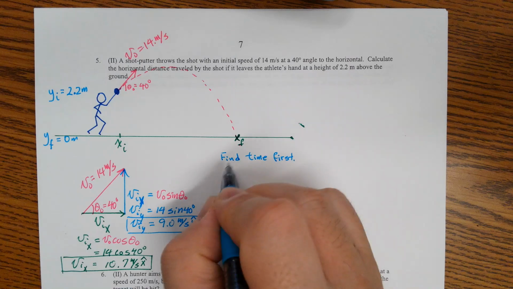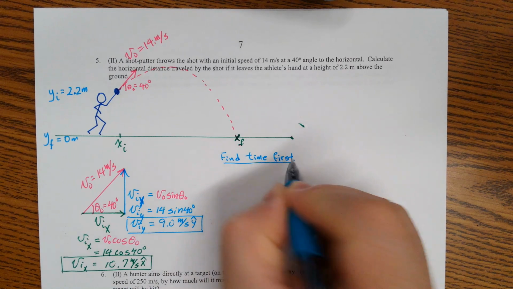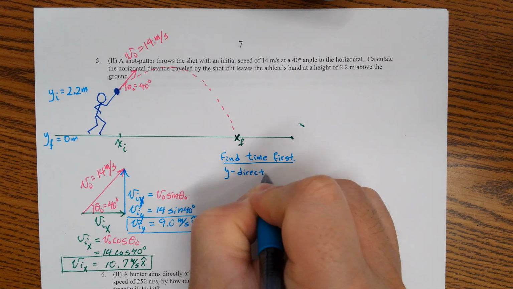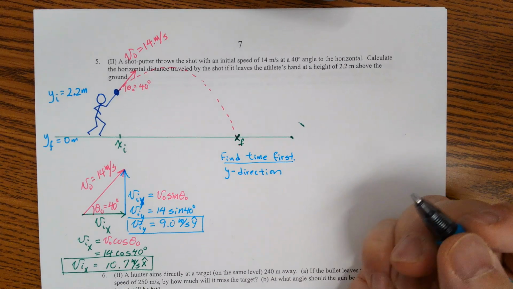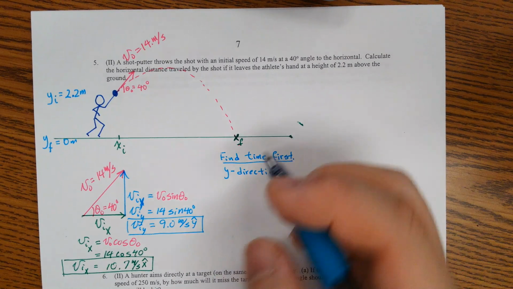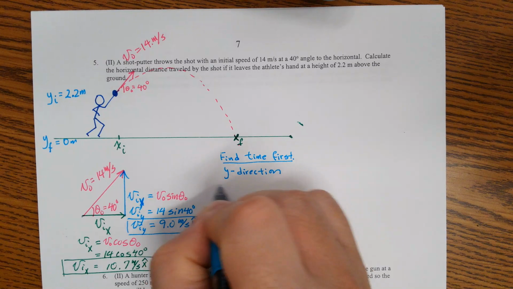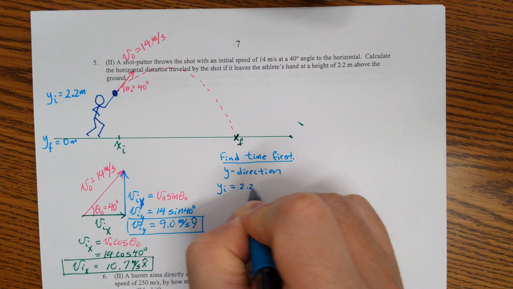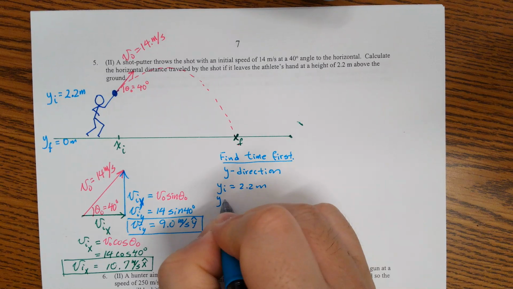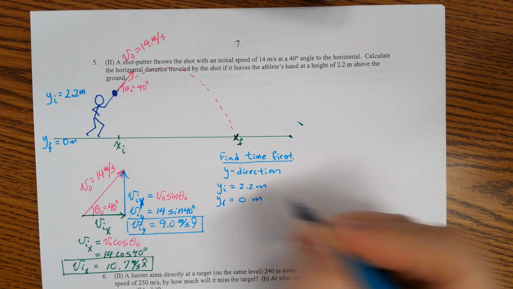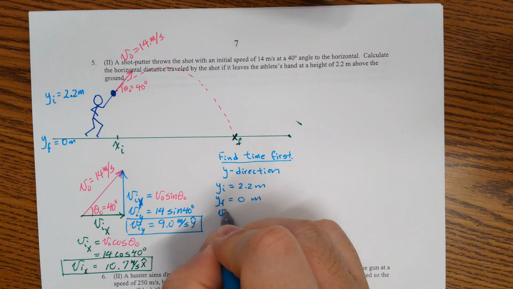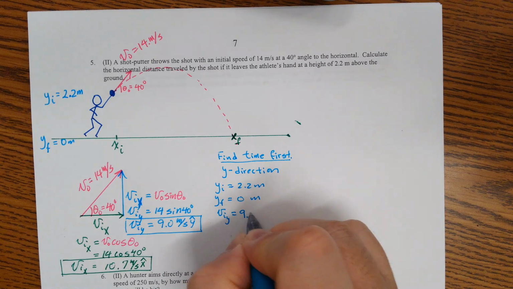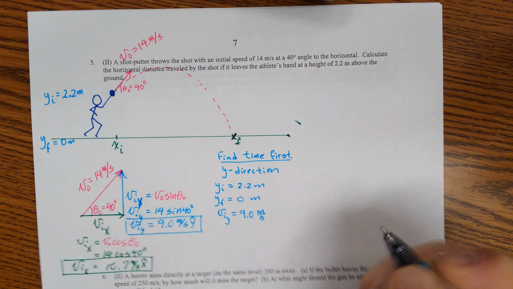So to find time, let's use the y direction. Let's write down everything we know in y. Here, we know y initial is equal to 2.2 meters. We know our y final is equal to 0 meters. We know V_iy, initial velocity in y, is 9.0 meters per second.